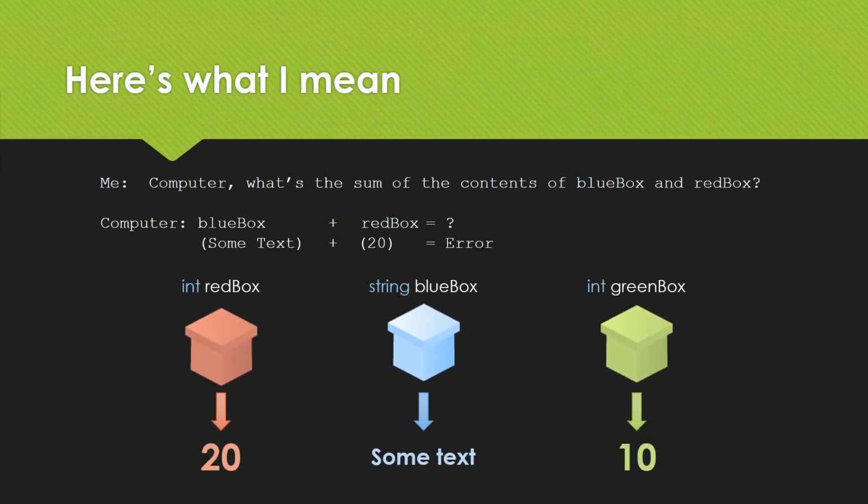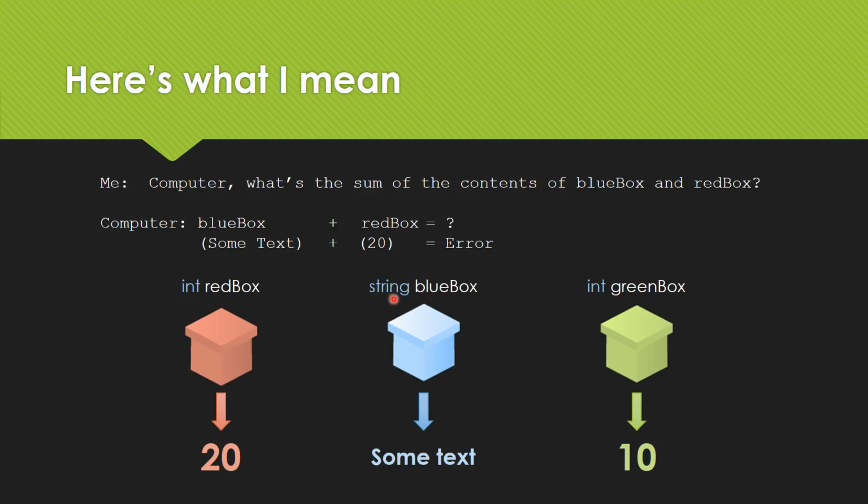So this is a little bit closer to a real code example. Using the same example as we did before, computer, what is the sum of the contents of the blue box and the red box? If you look at the blue box, red box, and green box, you can see that I've added the data type keywords. We have an int that says that the red box contains an int.